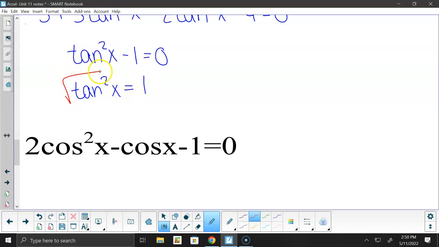When you square root this, you are left with tangent of x equals both positive and negative 1. Not all the tangents. There's 4 very specific tangents. Which ones are they? Pi over 4.